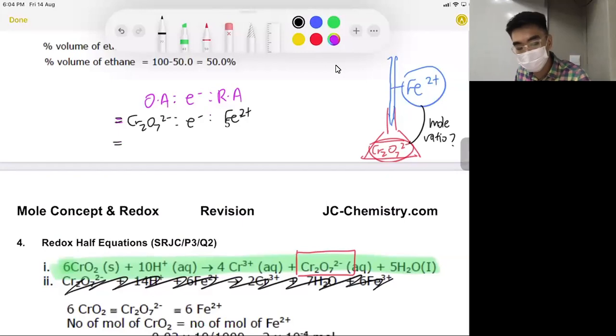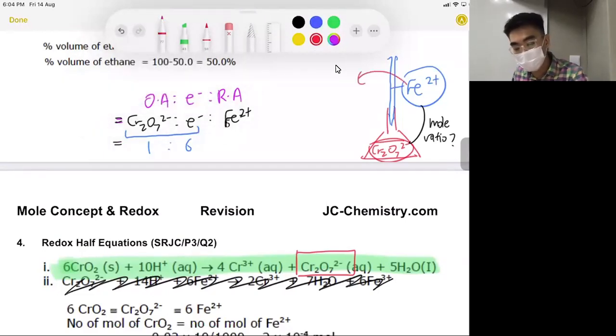This is just a quick working. In fact, you don't have to show this if you don't need it. But what you can check from your data booklet is the ratio between Cr2O7 2- and electrons, which is given. This is 1:6. All you do is check your data booklet. Whereas for iron, what will iron be oxidized to?